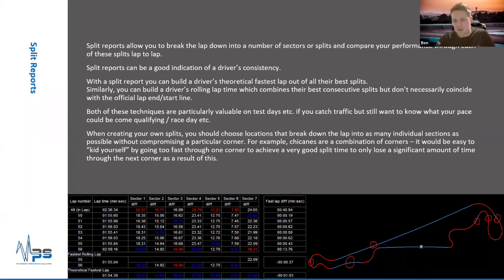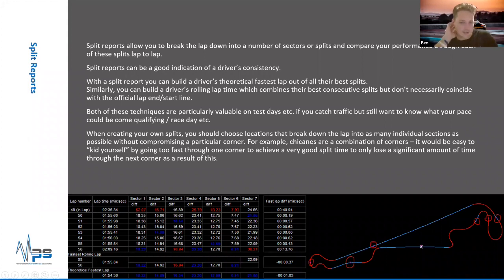So I do my best to break the lap down into individual corners which can be treated in isolation. Once you've done that, you can look at each individual sector and work out how the driver's performing. In this example from Paul Ricard, the driver's best sectors are highlighted in blue, so we've got a 5 or 6 lap spread of when the driver did their best sector.